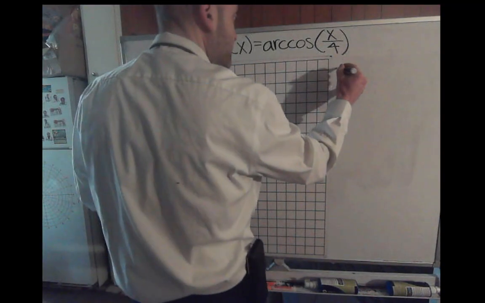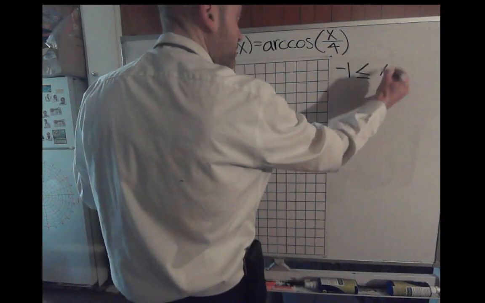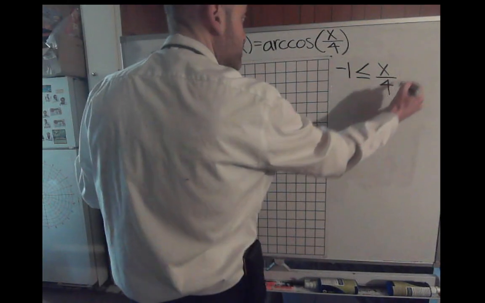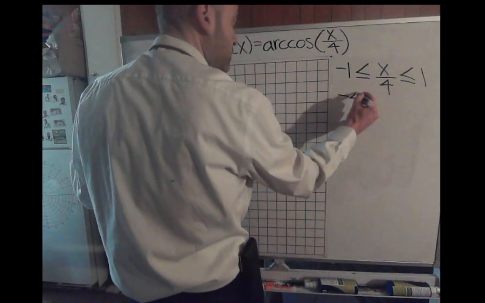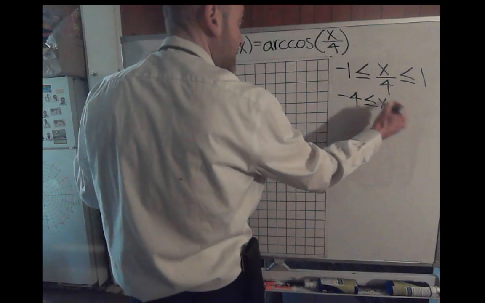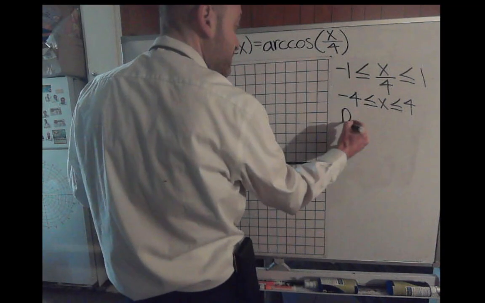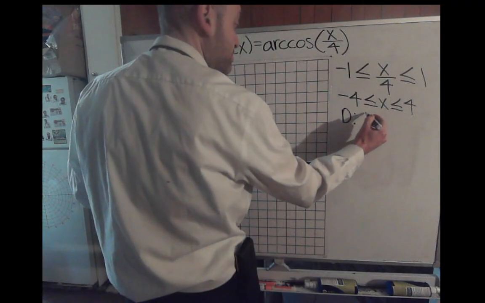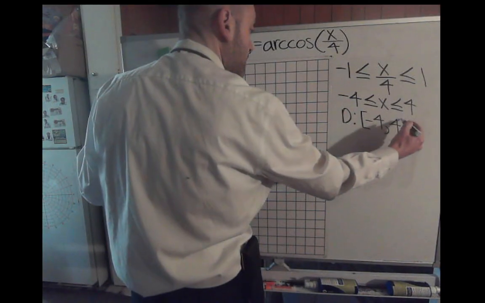So set yourself up another inequality. -1 is less than or equal to x over 4, which is less than or equal to 1. Which means -4 would be less than or equal to x, which would be less than or equal to 4. So my domain in this case is going to end up being from -4 to +4.